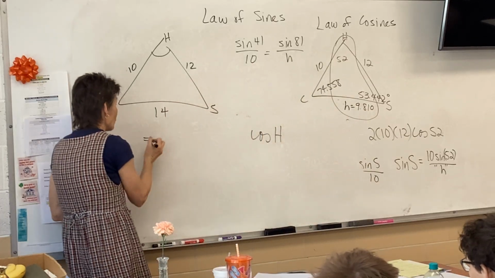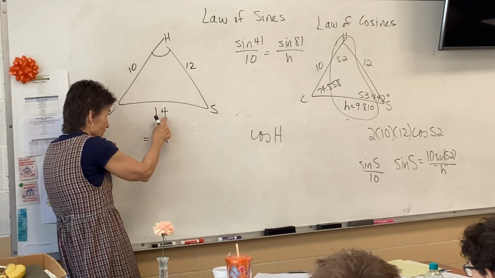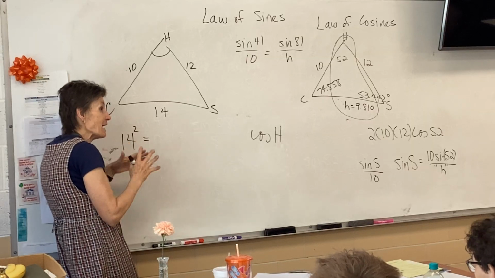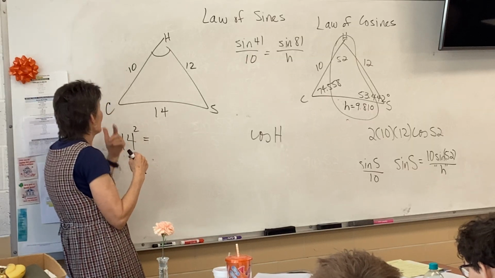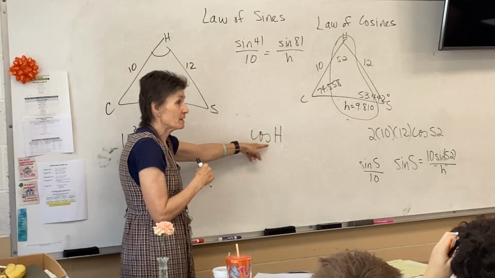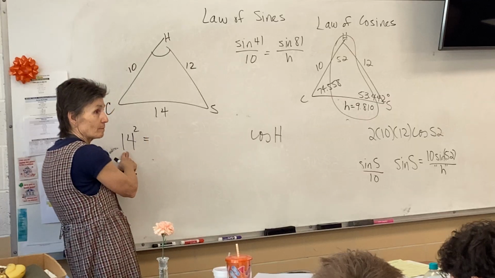Which means, what's going to be over here all by itself? 14 squared. If I had decided to find the smallest angle, then this would be cosine S, and this would be 10 squared.